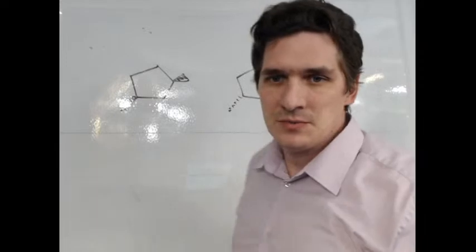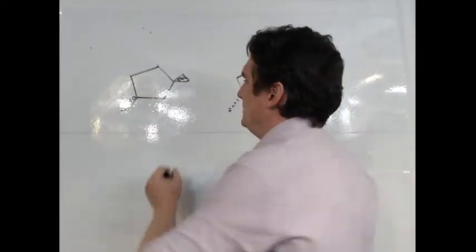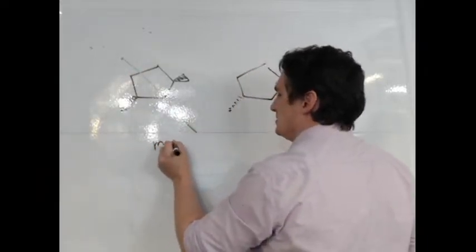So we've got our methyl groups, and the question is, what are they? We've got a mirror plane here, which makes it meso.